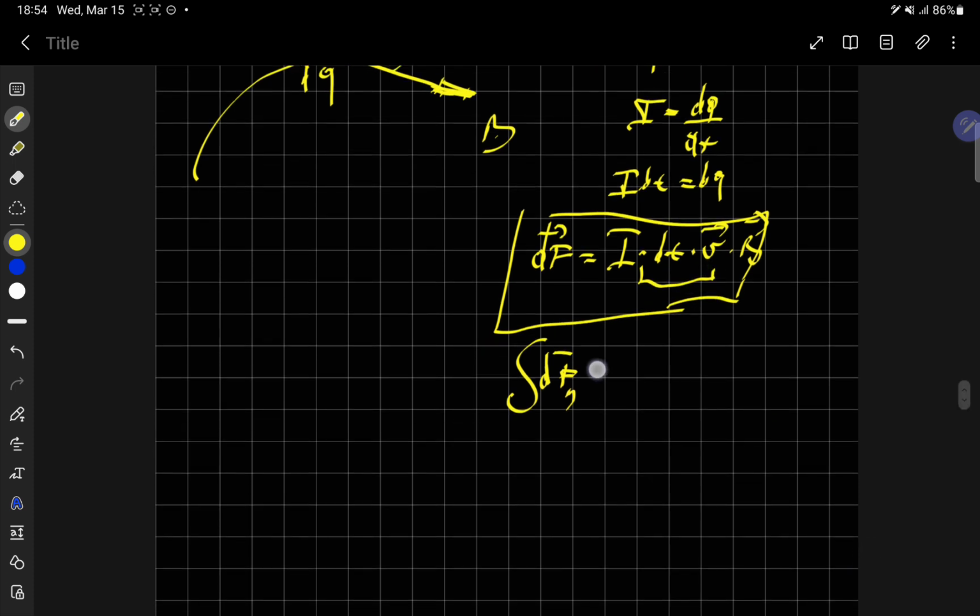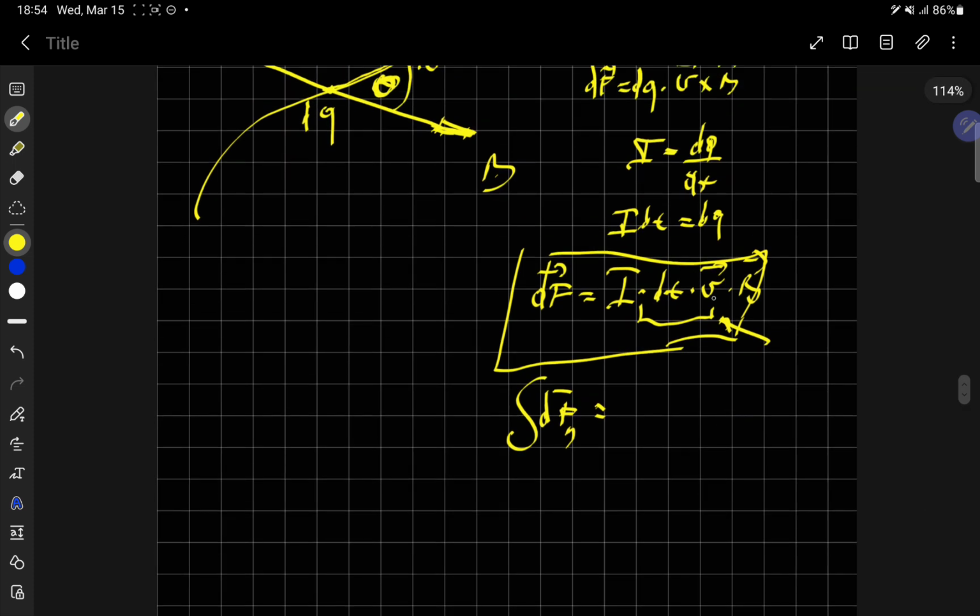But we can simplify this. Here we have time, and the velocity times time is the distance, so we have dl here.